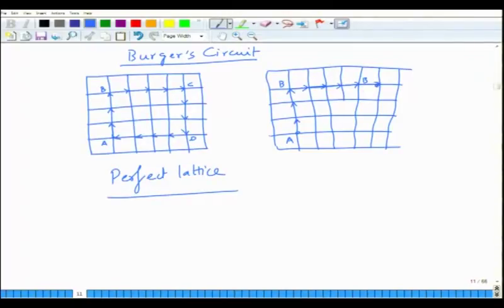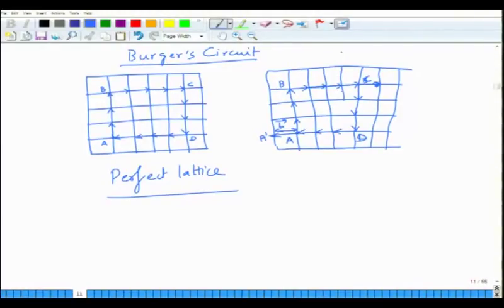Then you come 3 steps down to point C, then to D, and you do not reach A, rather you reach another point A prime. This is one extra step. This is called the Burgers vector of an edge dislocation, and this Burgers vector is perpendicular to the dislocation.